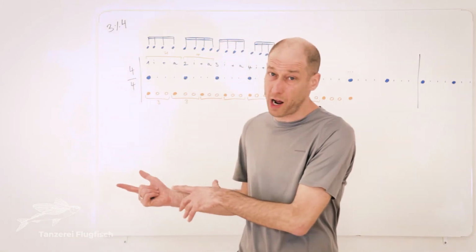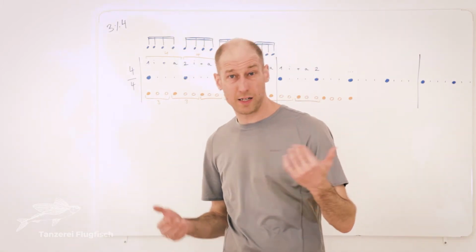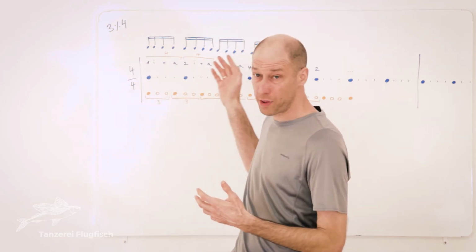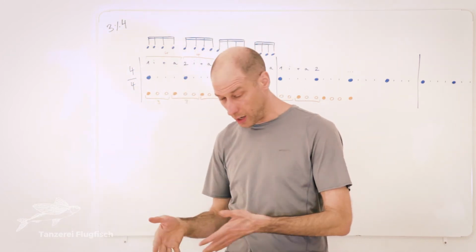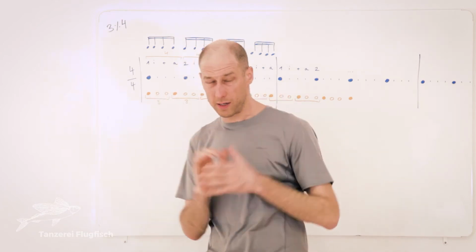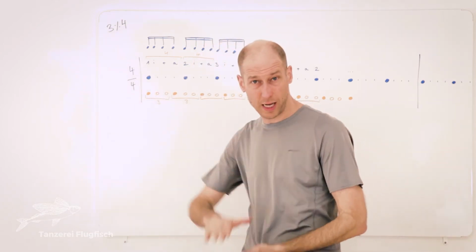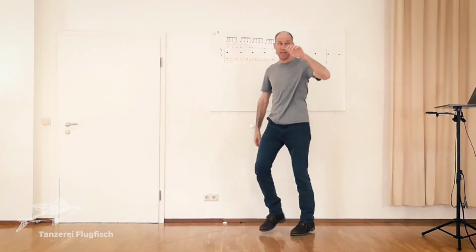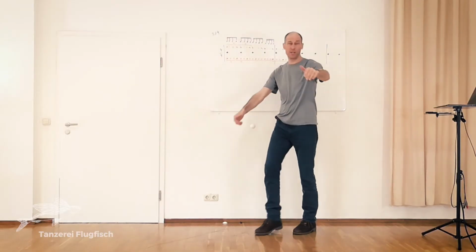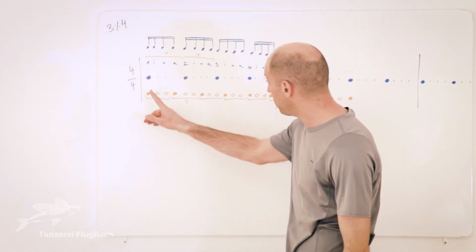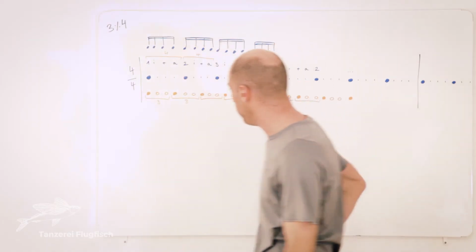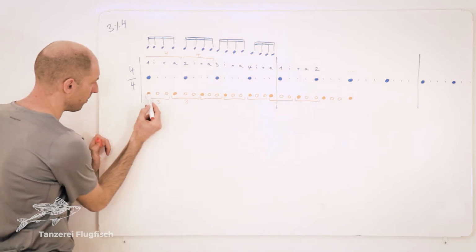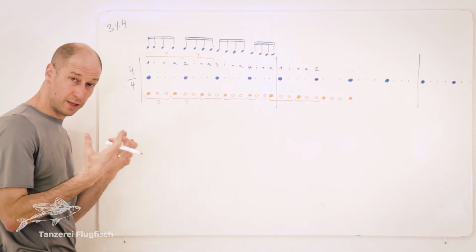Because what we're doing now is 1 e n da, 2 e n da, 3 e n da, 4 e n da. We have the 16th note grid, that's a given, and we're using the wrong number of taps and just place it over that grid. That is what this graph illustrates. The orange circle is the accent.